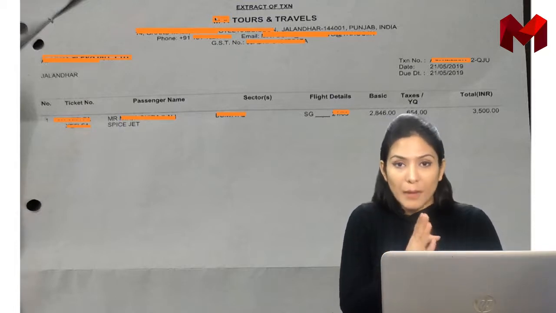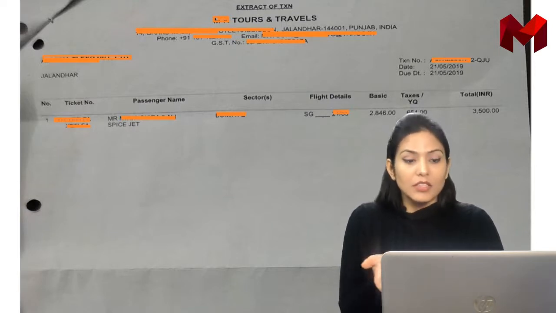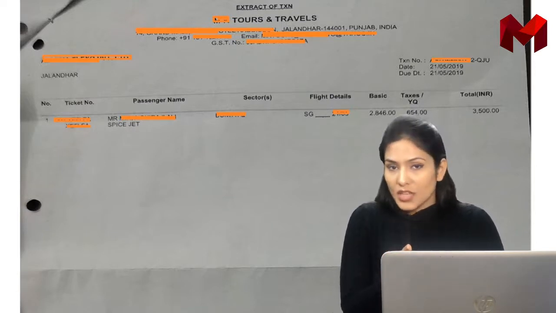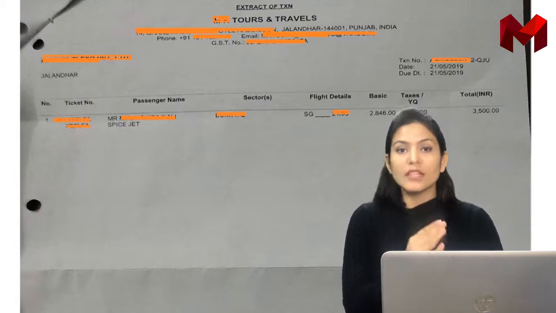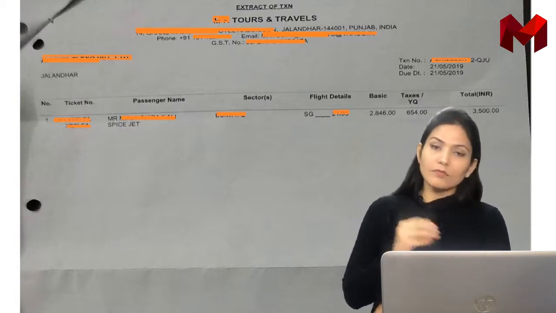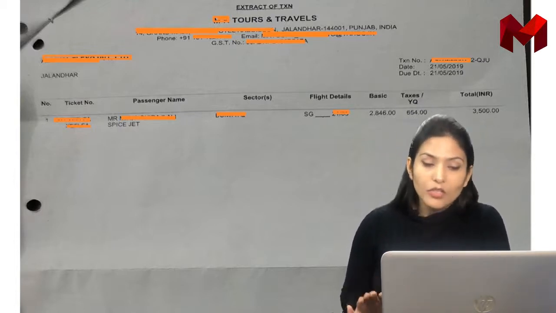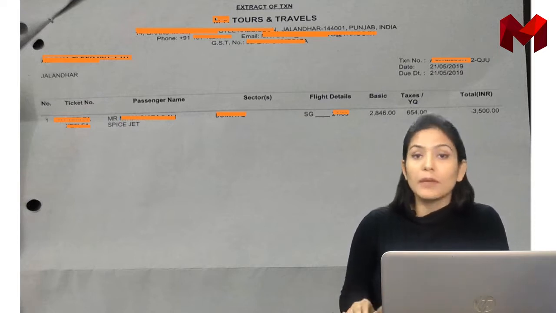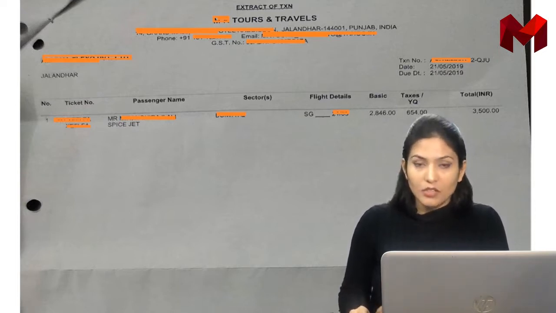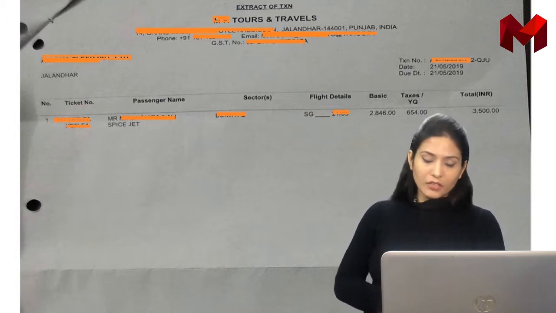And this is part of those transactions. If we are paying GST to the tours and travelers, that is not claimable under the GST Act. So that will be covered in the further sessions.